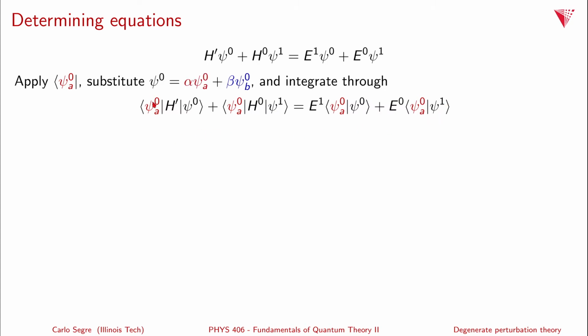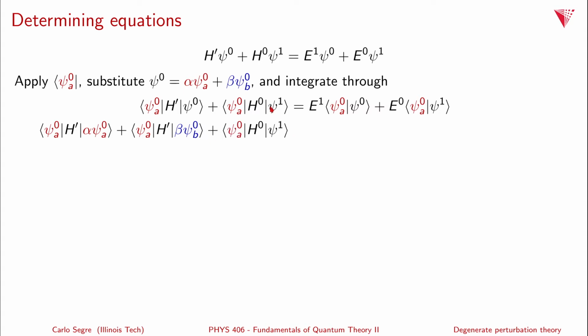Now remember, psi 0, our generic solution here, is a linear combination of psi A0 and psi B0, with coefficients alpha and beta. So when we close this and put in this value of psi A0, we'll get two terms for each one of these two here. And then we have left our psi 1. So let's expand that. The first term gives us psi A0 H prime alpha psi A0 and psi A0 H prime beta psi B0.